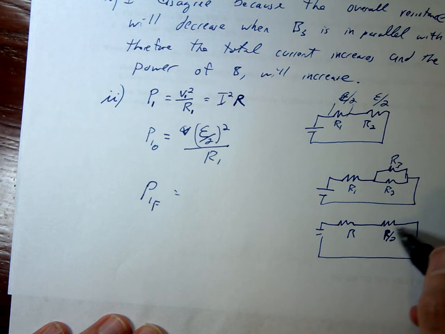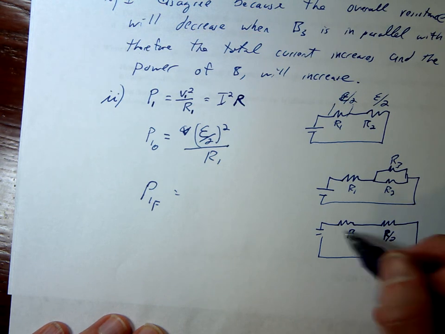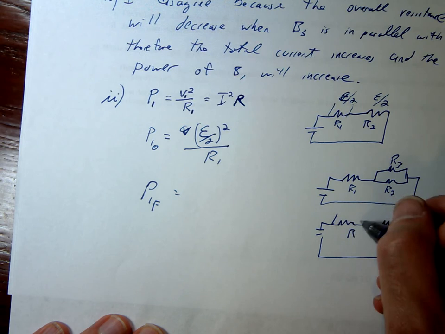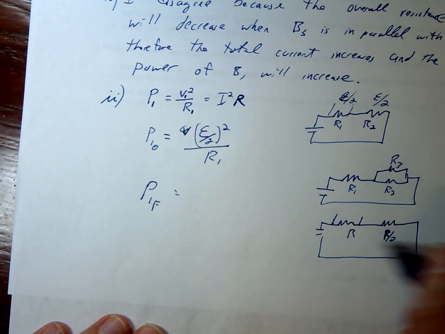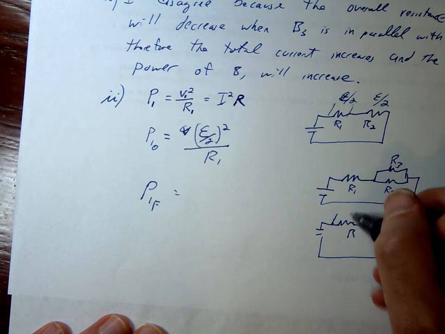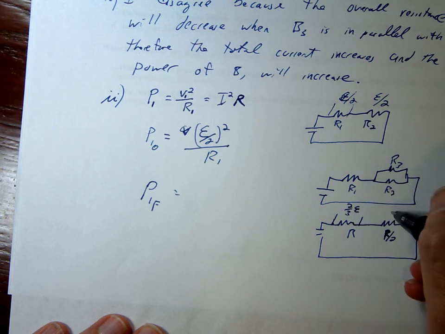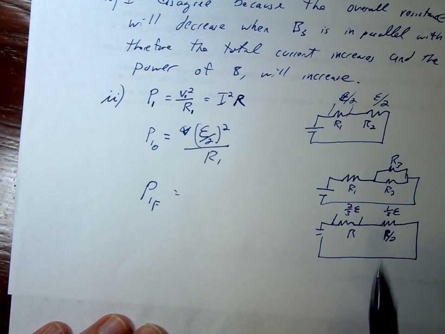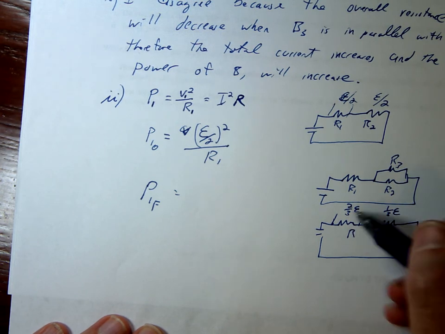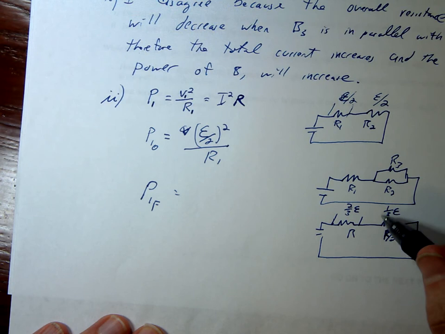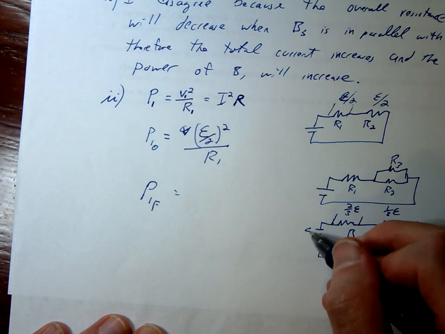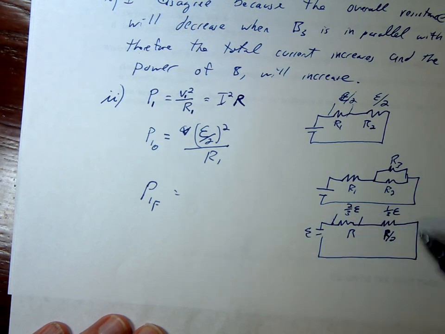Right, and so proportionally speaking, since this is half of this R, this is going to have to take twice as much of this. Right, so this should be 2/3 epsilon. This should be 1/3 epsilon. And so that's going to take that amount of voltage, that's going to take that amount of voltage. If this is our starting, right, this should take twice as much as this.